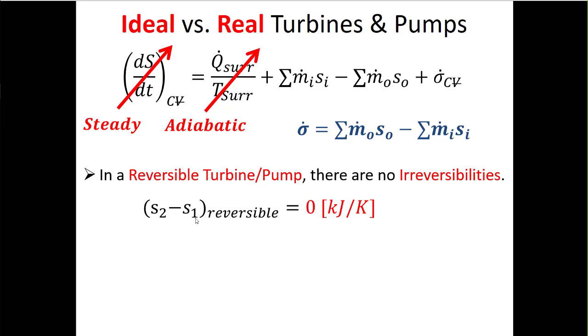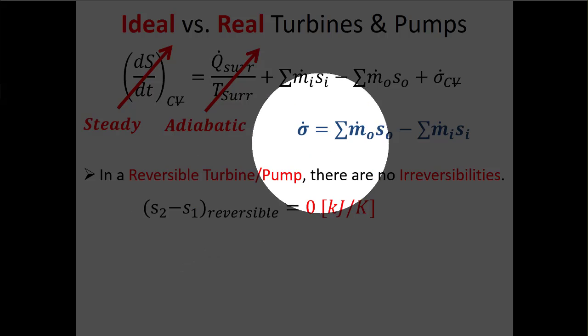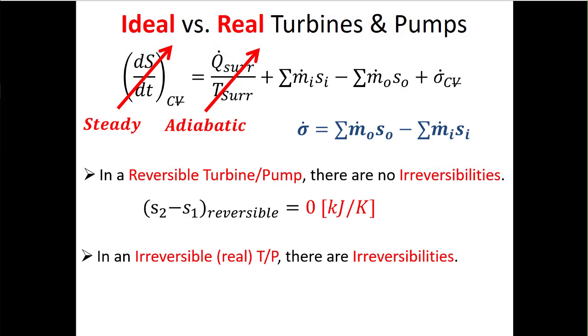We looked at a full cycle that included turbines and pumps, and the way that we fixed the outlet of the turbine, and I think the inlet of the pump, was we did this second law analysis and said, oh, the specific entropy doesn't change. Now, that's true in the ideal case, because in the ideal case, this sigma dot term goes to zero.